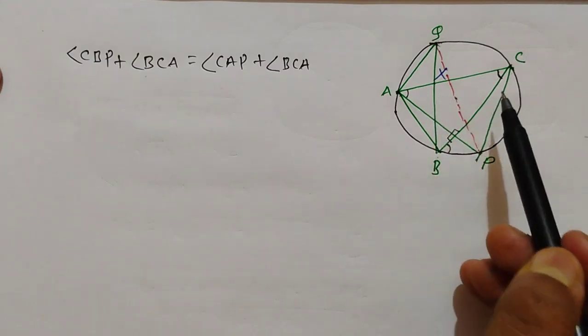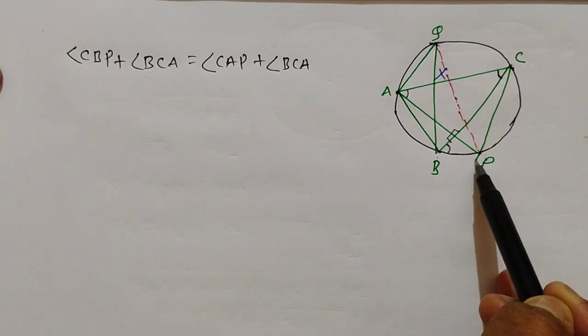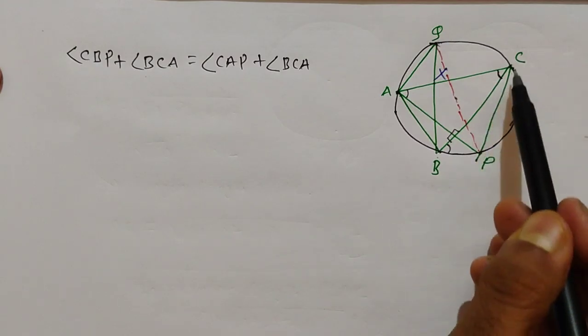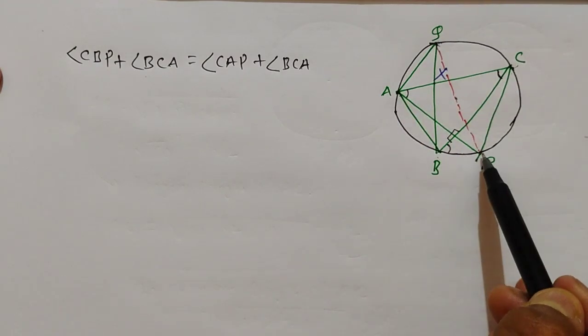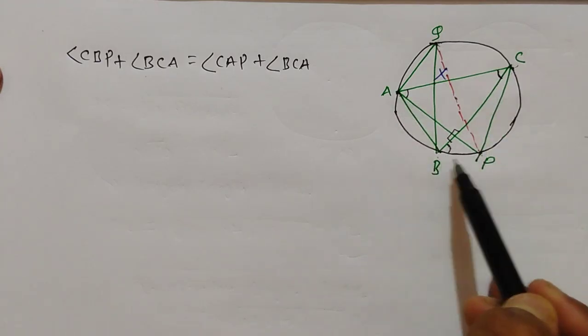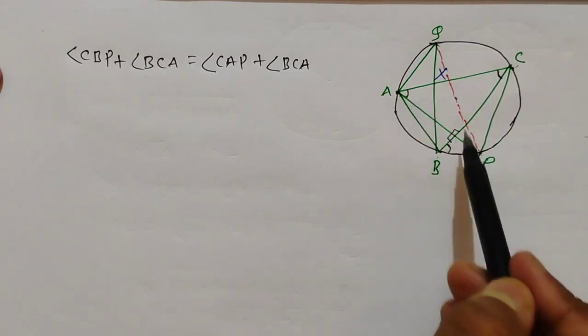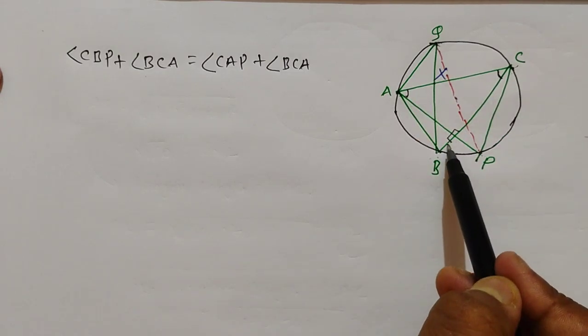From here angle CBP is equal to angle CAP, because ABPC is a cyclic quadrilateral, so this angle will be equal to this angle.